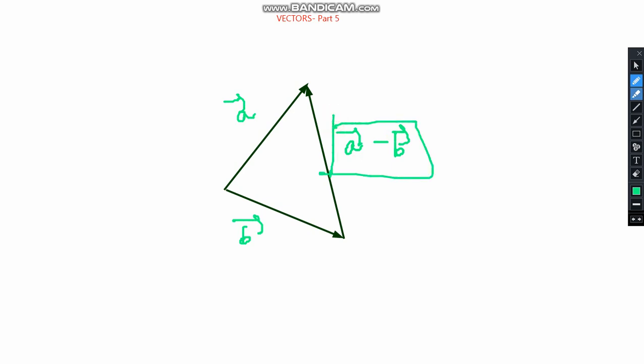But how is this done? You already saw addition, right? A vector plus B vector. This is basically A plus minus B vector, the negative of a vector, which I already taught about in the vector basics. So if there is an A vector and a B vector, this is the A plus B vector.